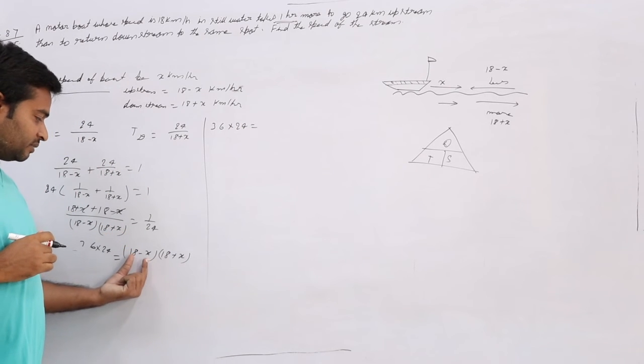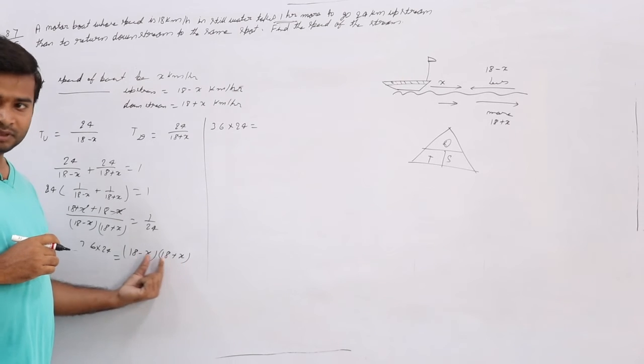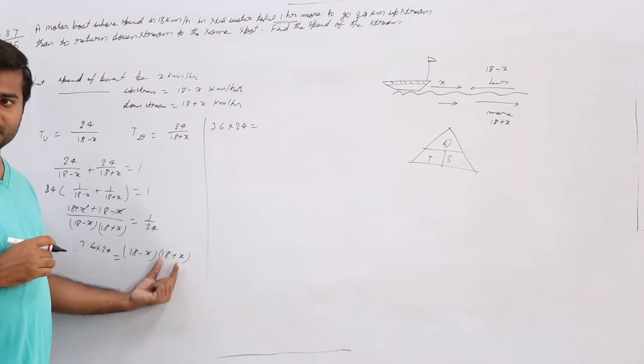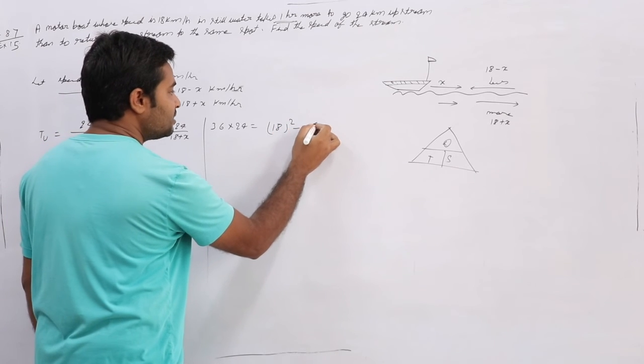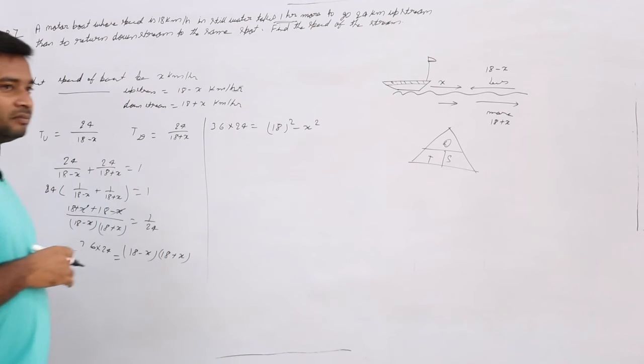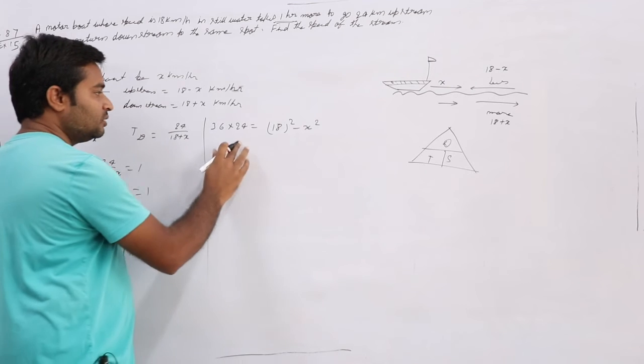Is it visible? a minus b, a plus b. Can I write 18 square minus x square? So 18 square, how much?